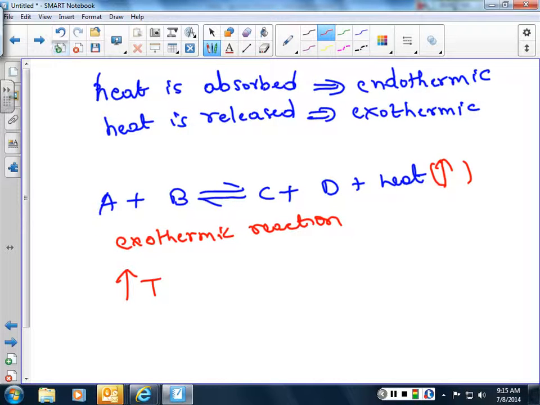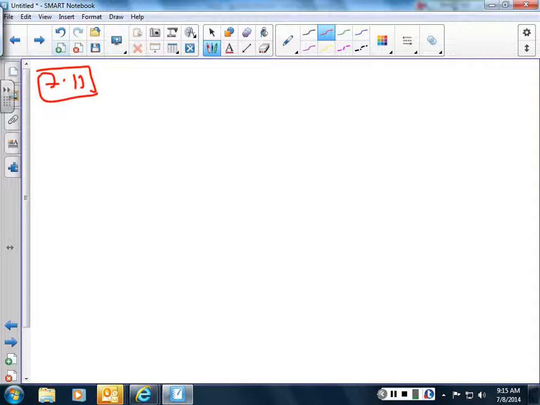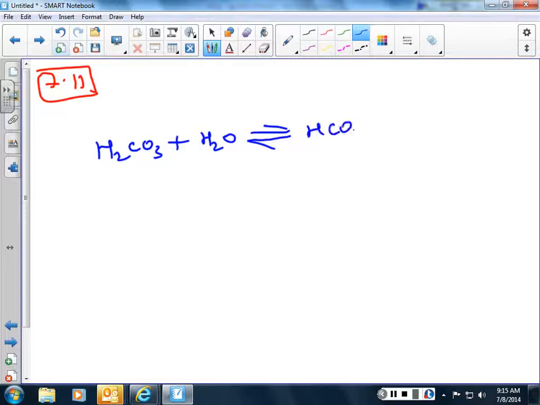Now the last section, that is 7.11. Let me tell you this reaction: H2CO3 plus H2O gives HCO3 minus. This is nothing but the carbonic acid bicarbonate buffer in our body.